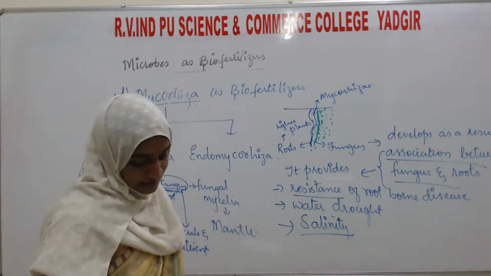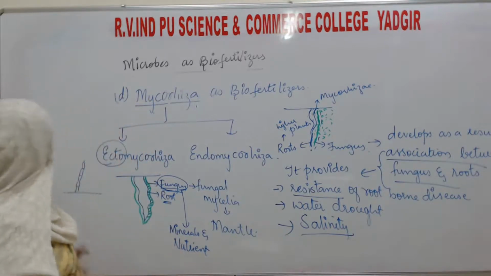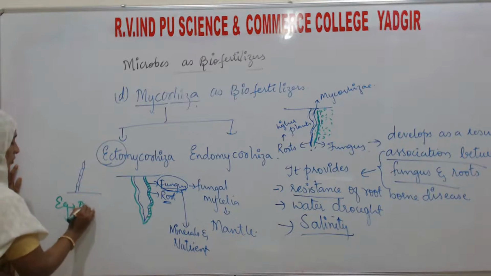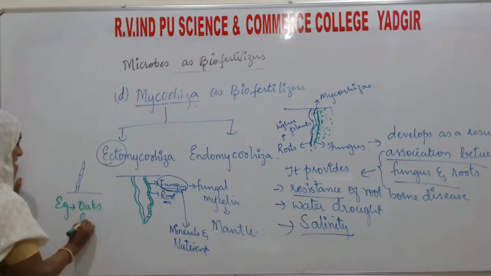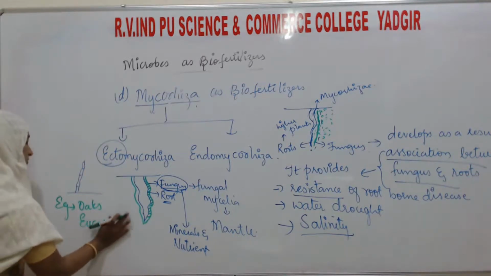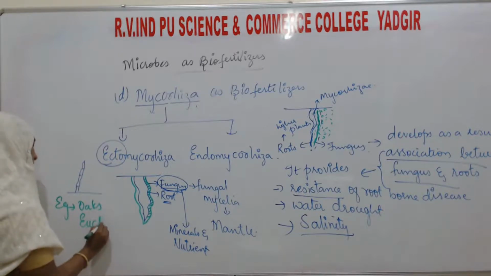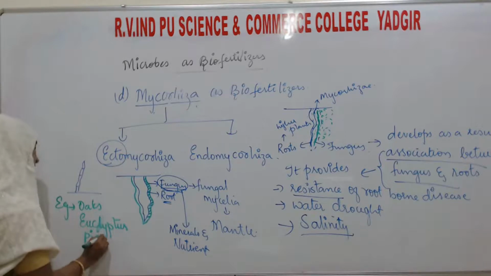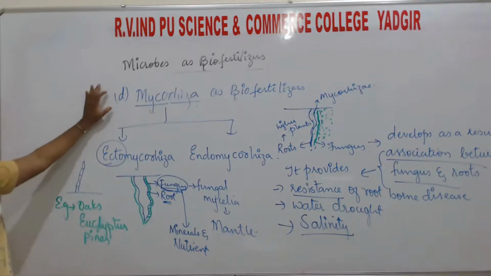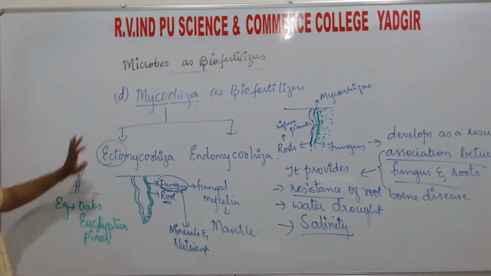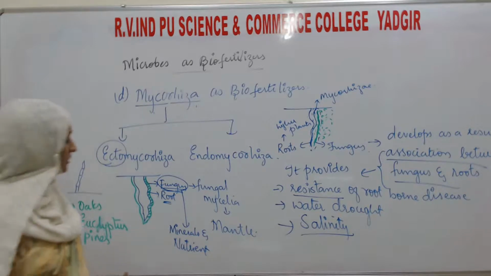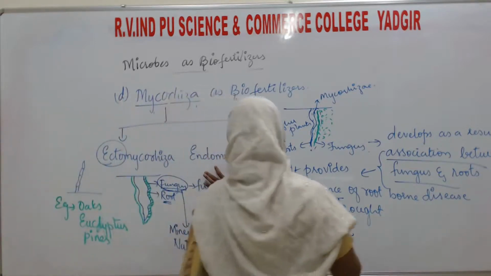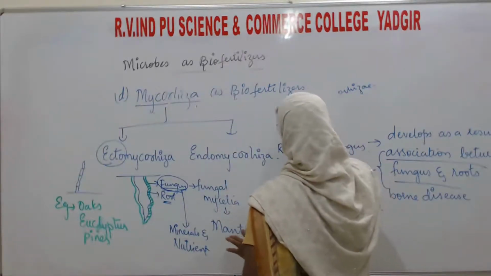Some of the examples are oaks, eucalyptus, then pine tree. I had told you that mycorrhizae are found in the higher plants. So these are some of the examples. Next we will see about the endomycorrhizae.